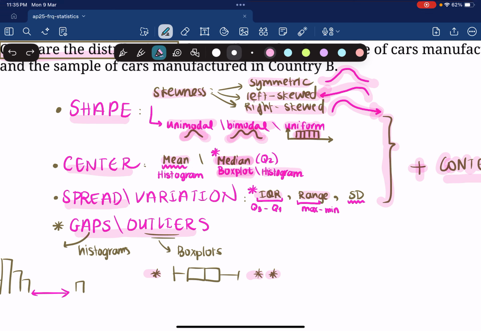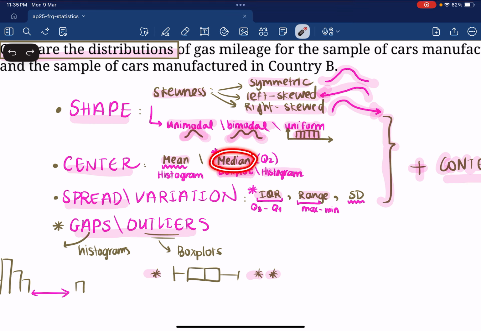We note that the median is the strongest measure of center. What do I mean by strongest measure of center? I mean it is the most resistant to changes in our distribution or to gaps and outliers. So the median is the strongest measure of center. It's least affected by gaps and outliers, and it's most resistant to them.